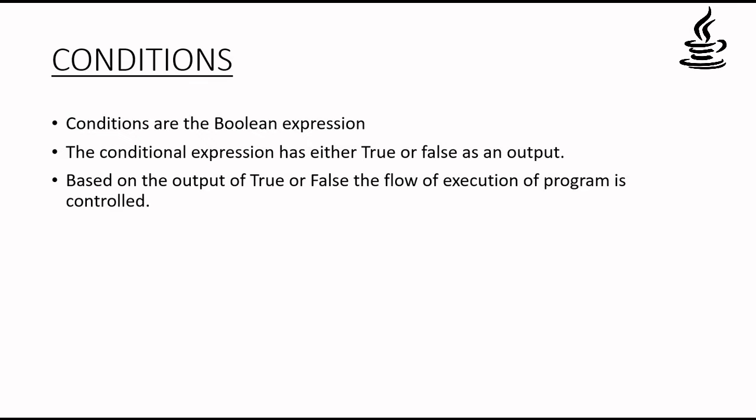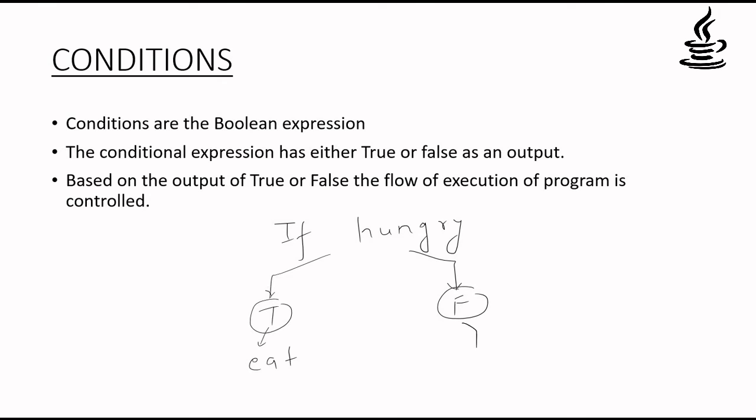For example, if the condition is whether someone is hungry or not, this is a condition, and it can have only two outputs, either true or false. If someone is hungry, then he will eat, and if he is not hungry, then he will do something else, let's say sleep.